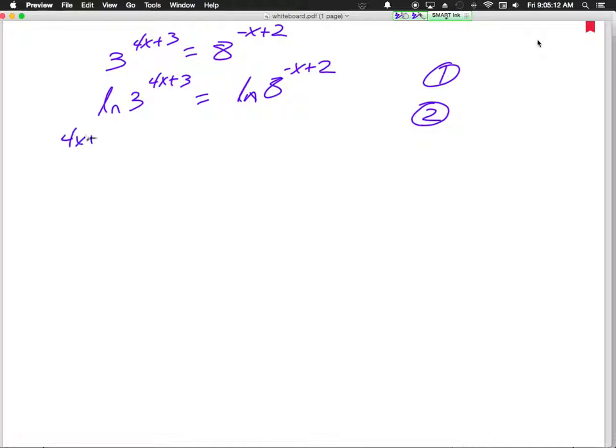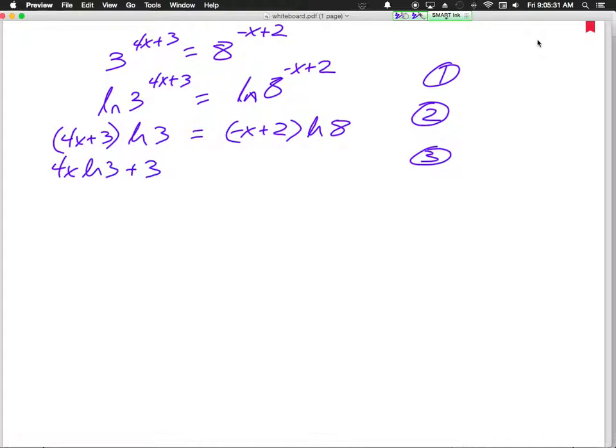So 4x plus 3, natural log of 3, equals negative x plus 2, natural log of 8. Step 3, distribute. So 4x natural log of 3 plus 3 natural log of 3 equals negative x natural log of 8 plus 2 natural log of 8.